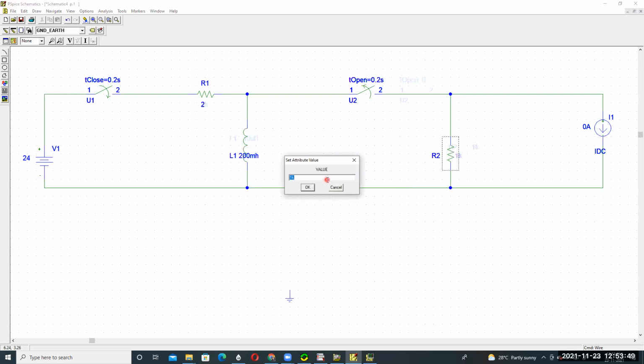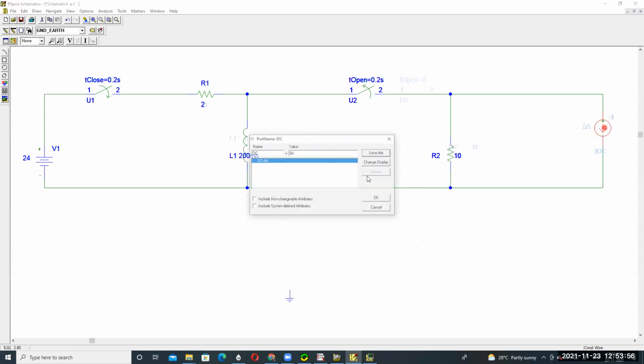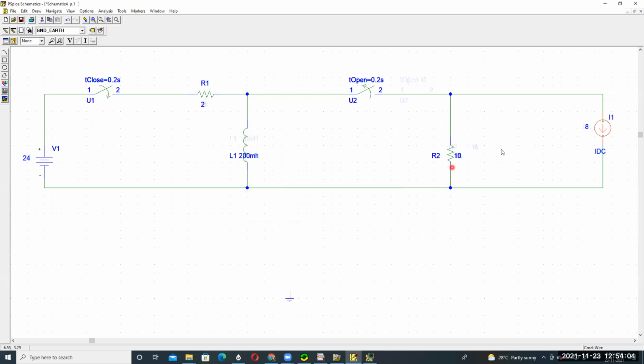It's 10 ohms. And this is the current, 8 amps, and the direction is downwards. And then connect ground and take one probe for inductor current.